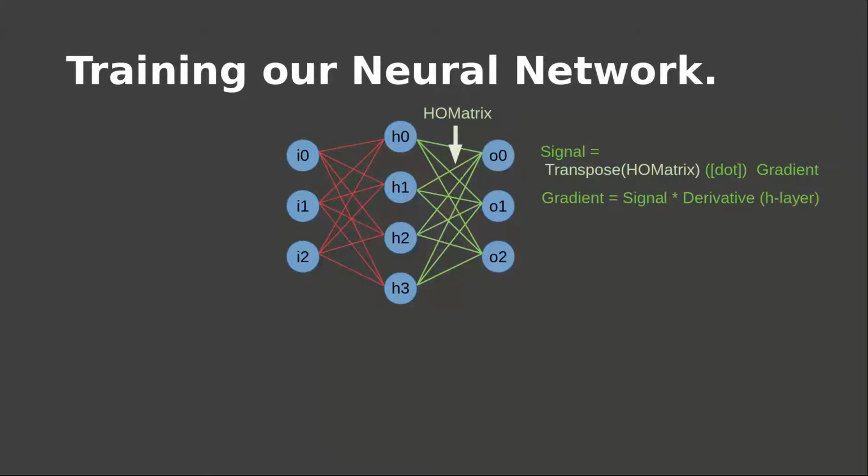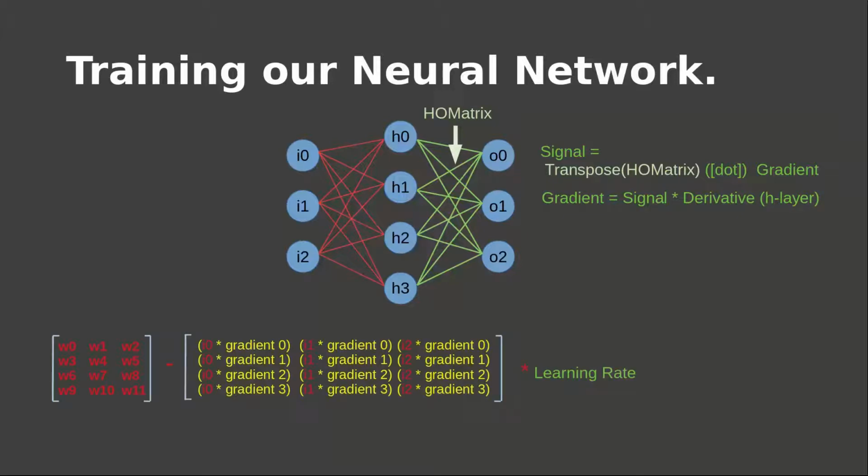Okay, so the way that we do this is we take the dot product of that HO matrix, but we need to take the dot product of the transposed matrix, and that will give us our new gradient, effectively our new signal strength. Now, the reason that we use a transposed matrix is this. If you take a look at the number of neurons in the hidden layer, we've got 4 in there, and we're trying to send back a gradient signal that we calculated in the previous step, which only has 3 elements in the vector.